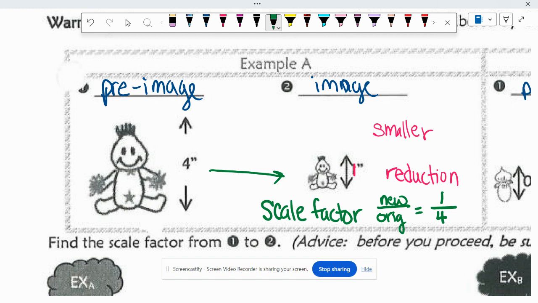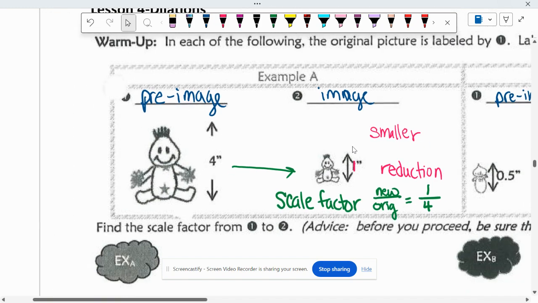We dilated that object, or we reduced it, by 1/4. Raise your hand if you need more time with that. All right, I'm going to move on to the next one.